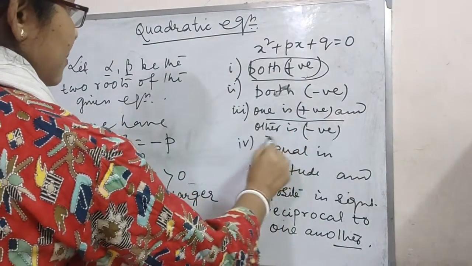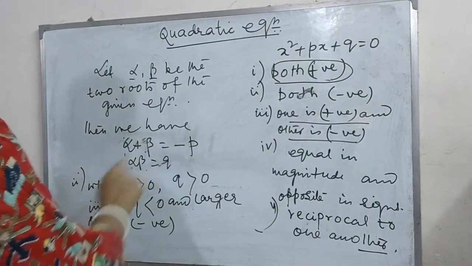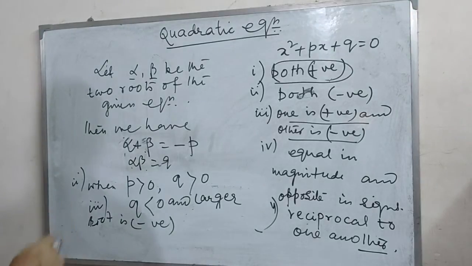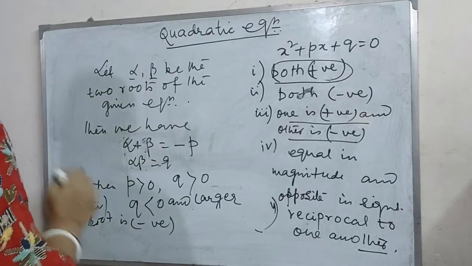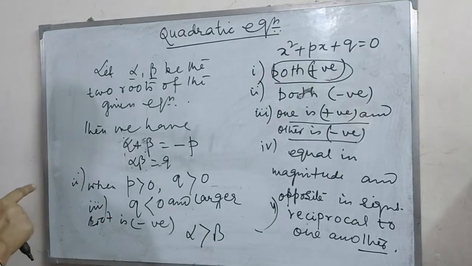One root is positive and one is negative. Here alpha plus beta equal to minus p. That means if alpha is greater than beta, then alpha minus beta, the larger root is negative.